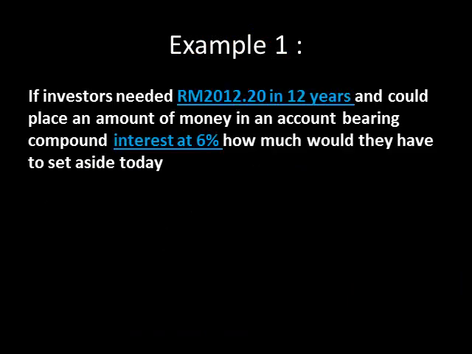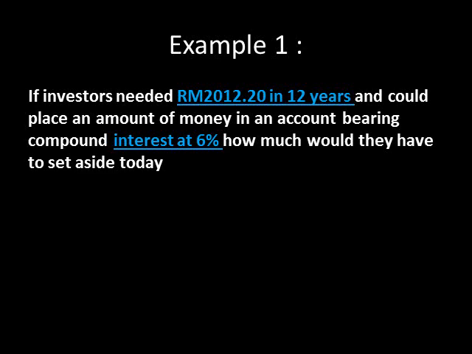Let's look at example 1. If investors need 2,012 ringgit and 20 sen in 12 years and could place an amount of money in an account bearing compound interest at 6%, how much would they have to set aside today? The keyword is today, so how much they need to keep today means it is PV, present value.